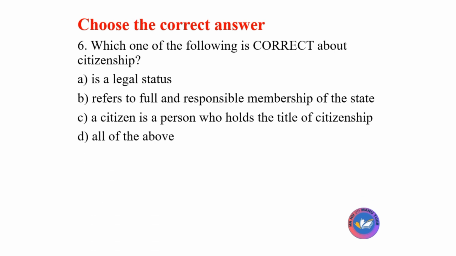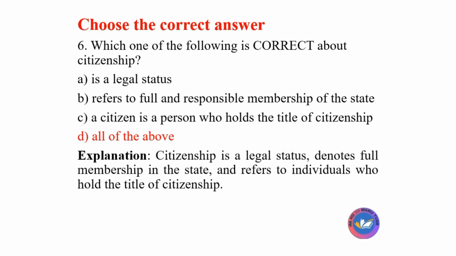D. All of the above. The answer is all of the above, because citizenship is a legal status, denotes full membership in the state, and refers to individuals who hold the title of citizenship.